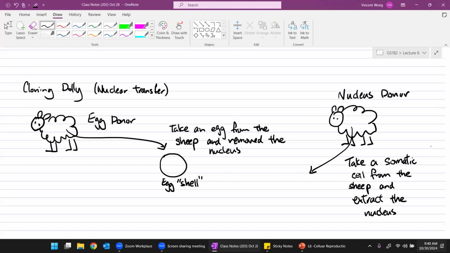Like your liver cells, kidney cells, brain cells, skin cells, all those are somatic cells. They took a somatic cell, I forgot from where on the sheep, but it doesn't matter. And they extract the nucleus from it. So that's just the nucleus.